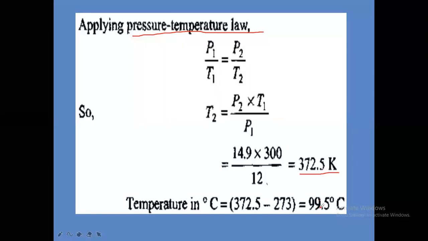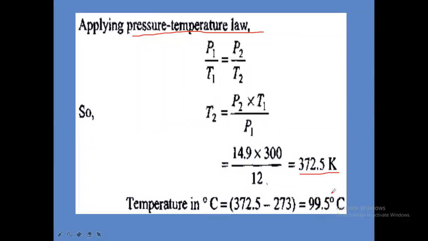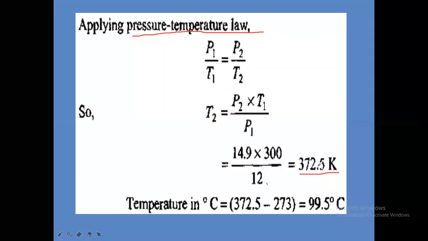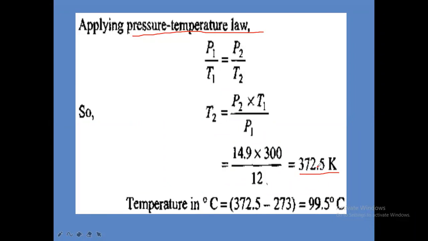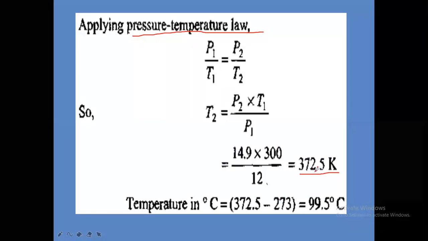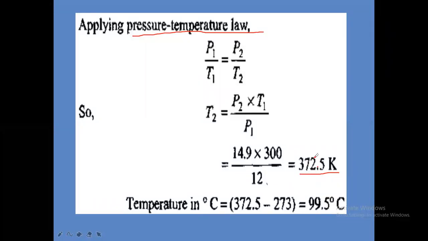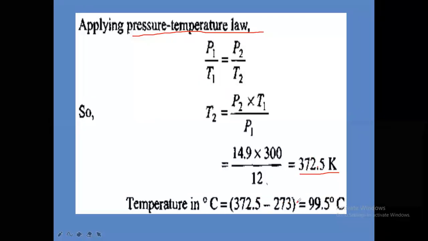But suppose the answer is asked in centigrade, this Kelvin temperature we have to convert into centigrade temperature. How to convert Kelvin to centigrade? Minus 273 we have to do. So 372.5 minus 273. We have to subtract 273 from this Kelvin temperature. When you subtract, we get 99.5 degrees Celsius.